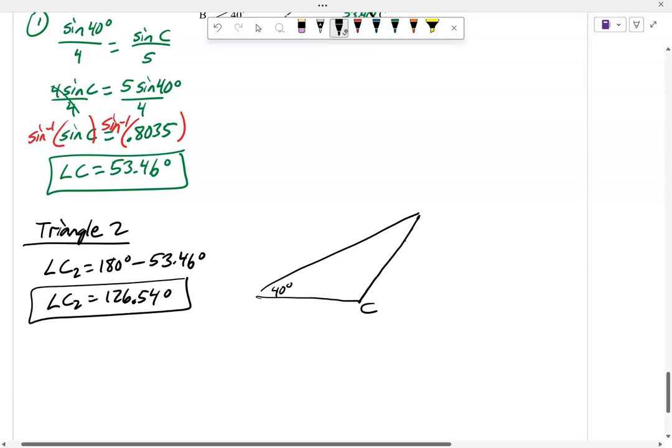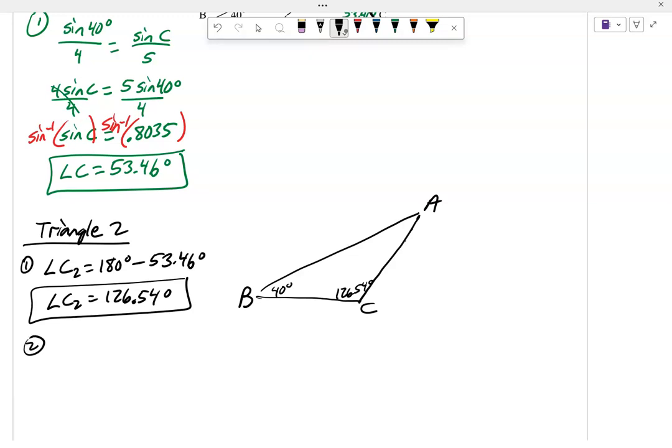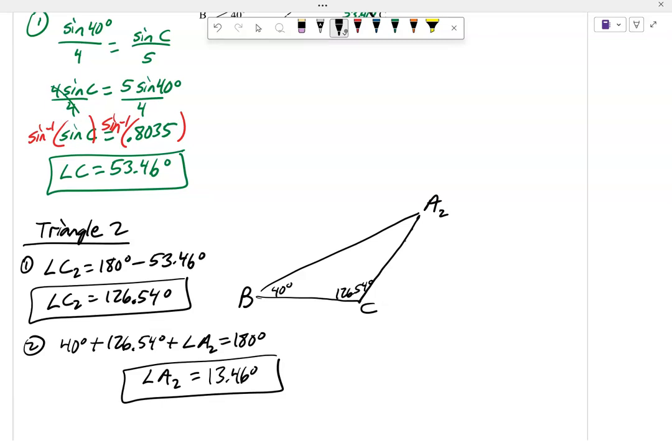And so could this work? Well, if this angle is 126.54 degrees, then step 1, step 2, then 40 plus 126.54 degrees plus angle A, I'll call it angle A2. Call that angle A2 because it's on the second triangle. Then angle A2, yeah, that'll work. That'd be 13.46 degrees, right? Because I'd have 40 plus 126.54, 166.54, which is less than 180, right?